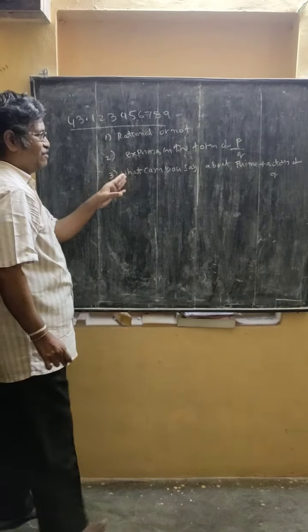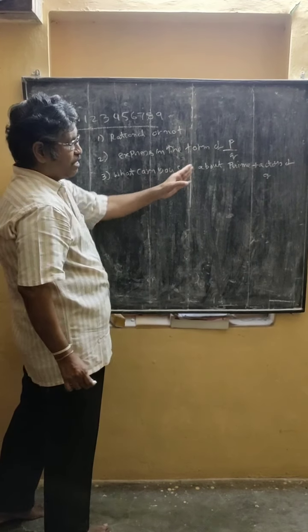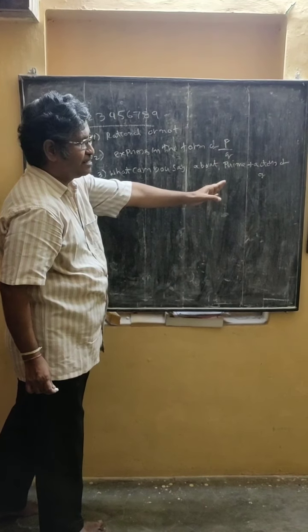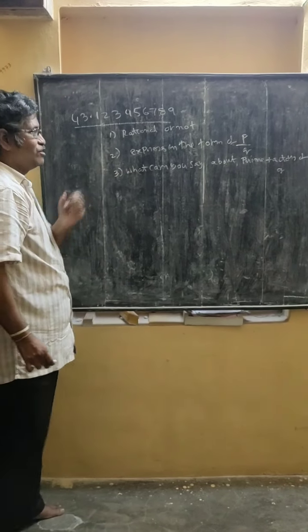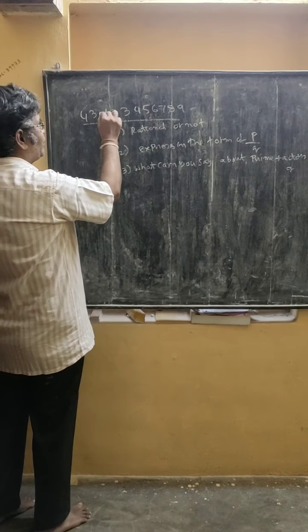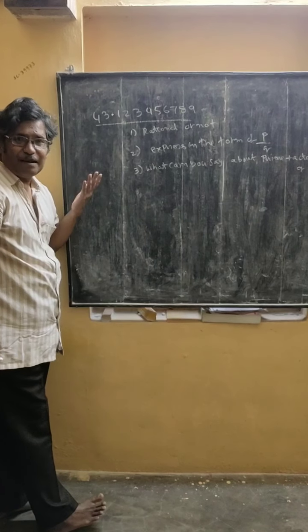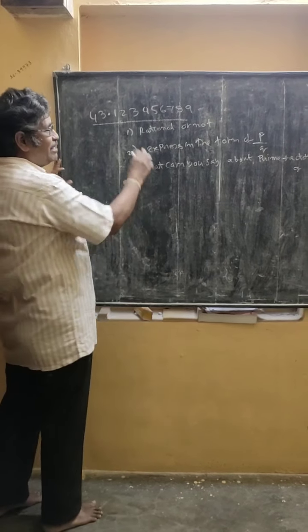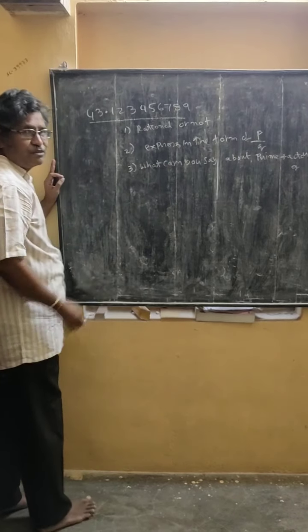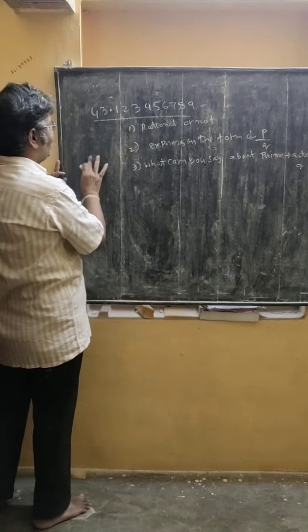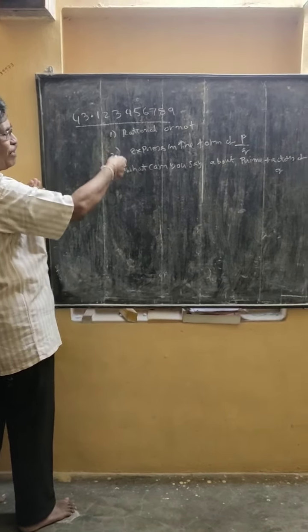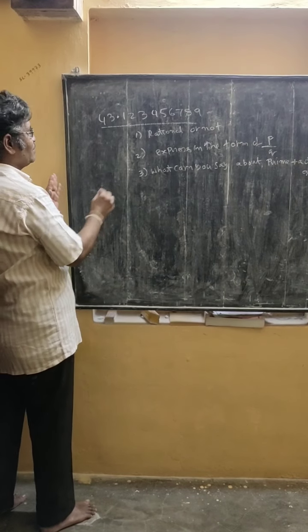When you express in the form of p by q, what can you say about the prime factors of q? So first of all, what type of decimal is it? It is a terminating decimal. A terminating decimal is a rational number, so it is rational. Okay, we will do this problem in this manner, then we will finally answer these 3 questions.